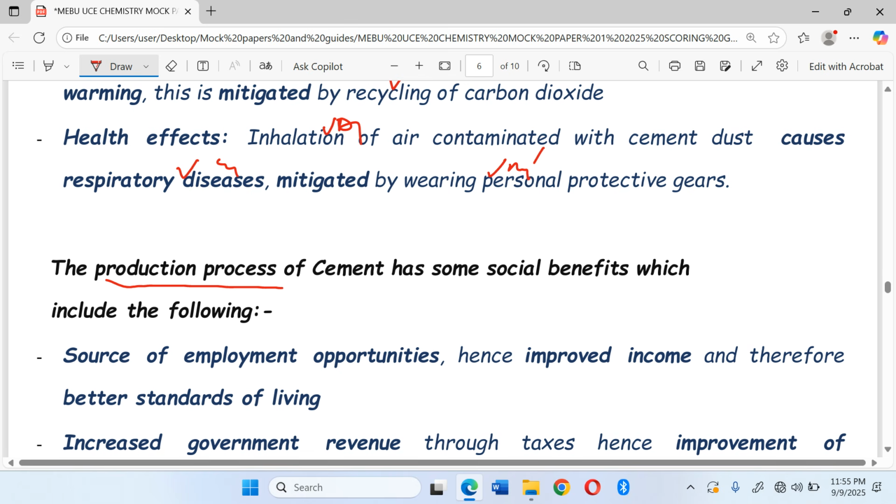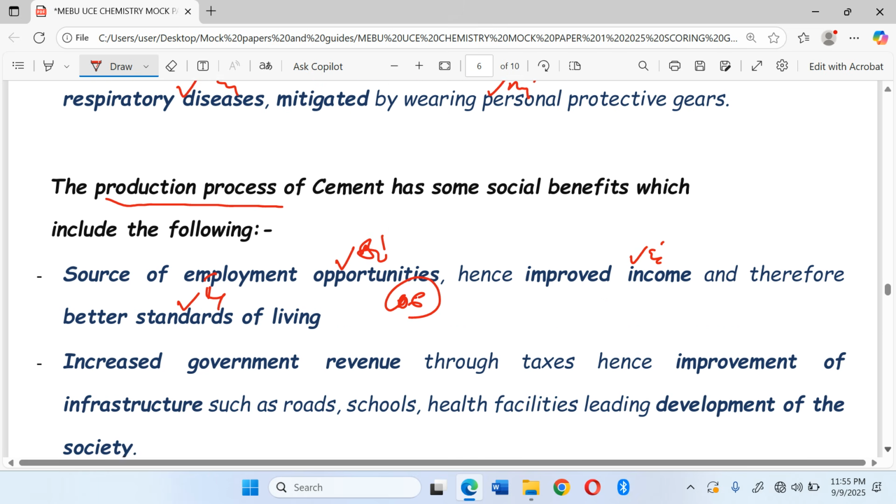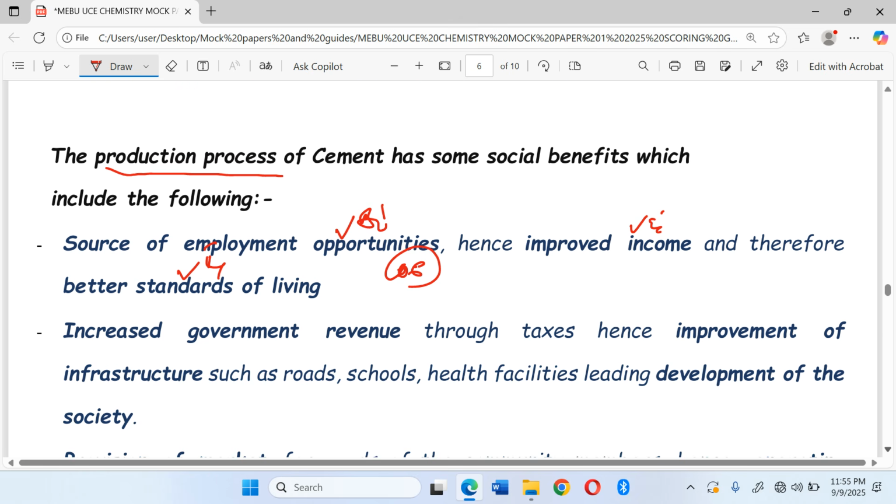The first point is that it is a source of employment opportunities, which is a benefit, hence improved income and therefore better standards of living. And then you get all your 6 scores on only 1 point. So make sure that when you're giving a point, you choose the point that you know very well.